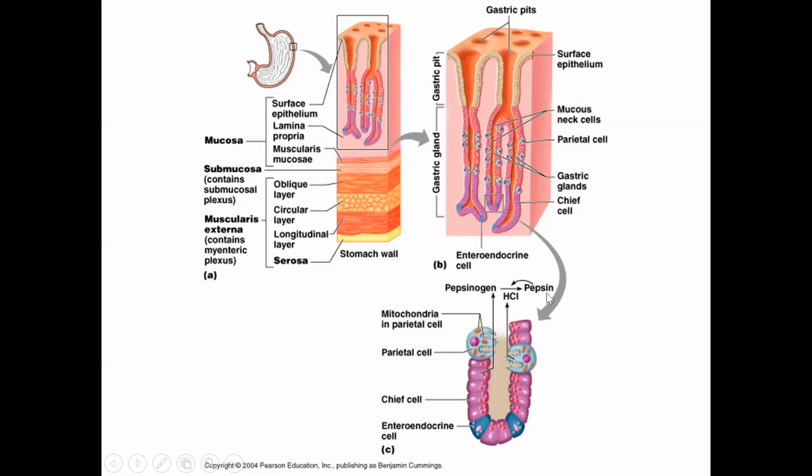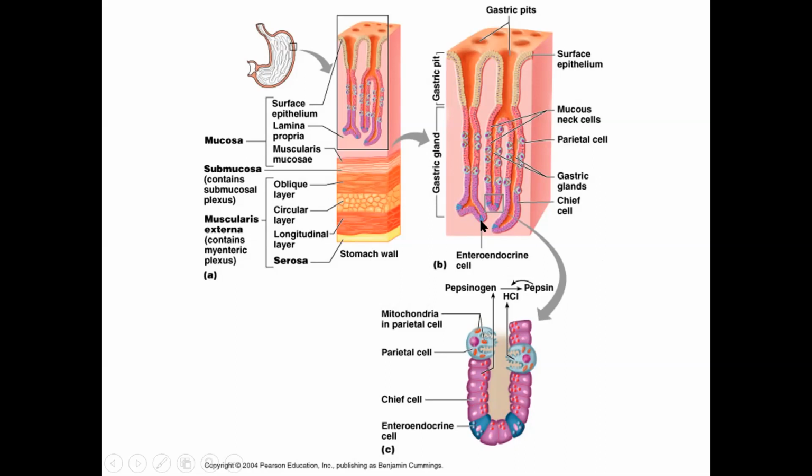So pepsin is an activated enzyme which can digest protein. So we can say the protein digestion, the chemical digestion for protein can take place in stomach because you have pepsin. What type of cells make pepsin? Parietal cells. What is the function for chief cell? To make hydrochloric acid.